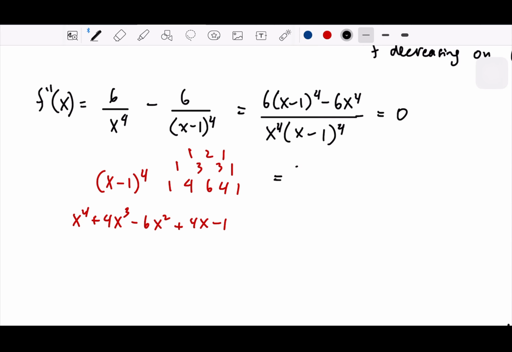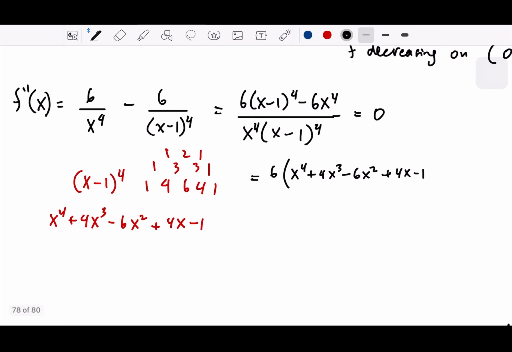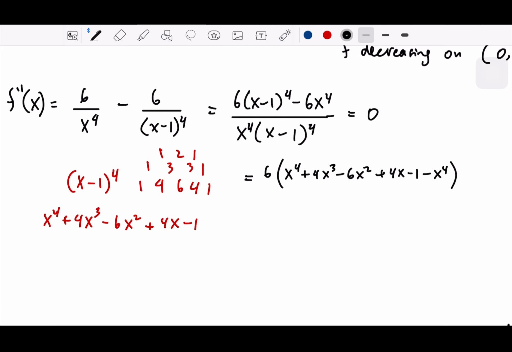Well, we could do this with 6, and then we can factorize this 6 also, so we can write this as negative x to the fourth. So we can cancel this.